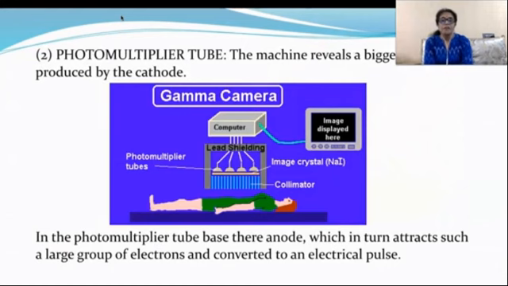Then the photomultiplier tube. The machine receives a bigger electron group produced by the cathode. In this photomultiplier tube, as we can see, at the base there is an anode, which in turn attracts this large group of electrons and converts it into an electrical pulse.